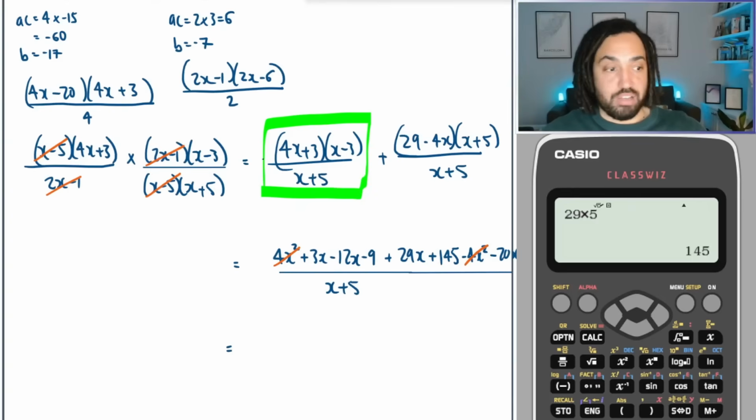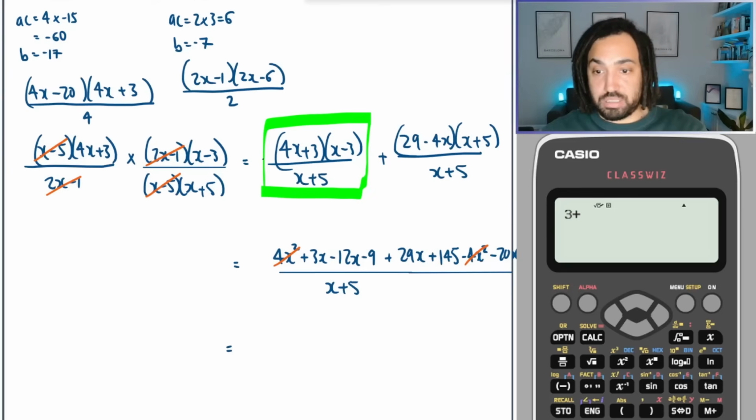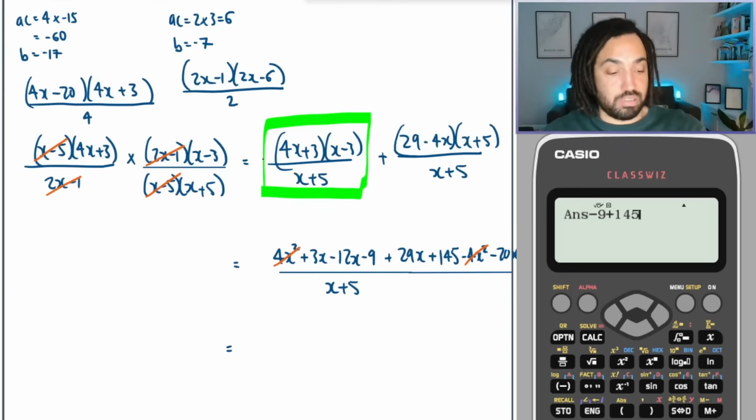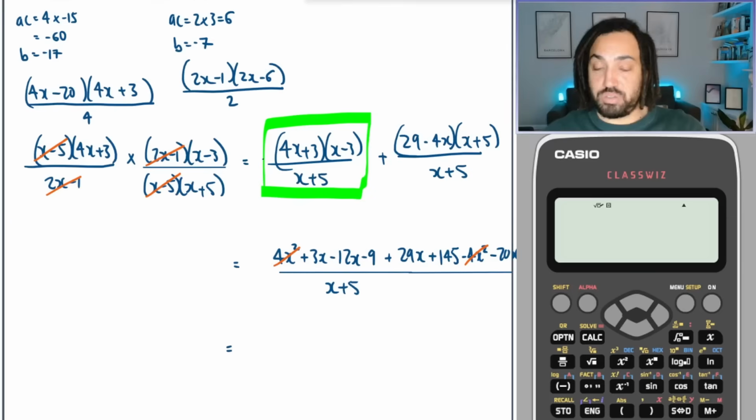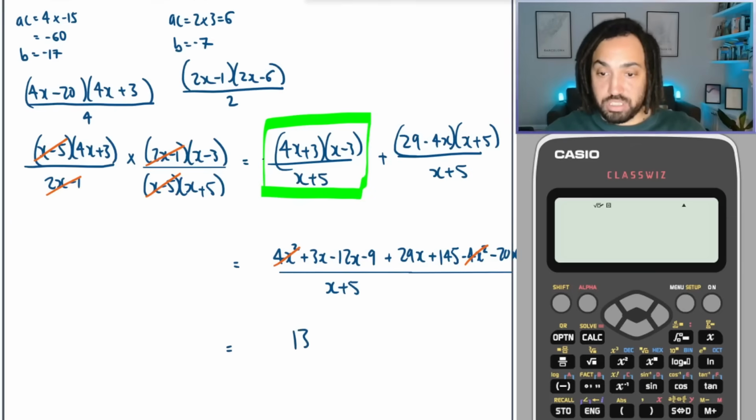X terms, we have 3 plus 29 minus 12 minus 20. 0 x's. Okay, great. So the numerical terms are minus 9 and plus 145, which is, of course, 136. So it's just 136 over x plus 5. Wow, what a question.